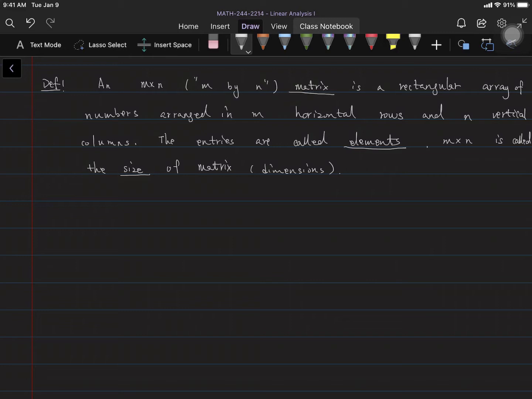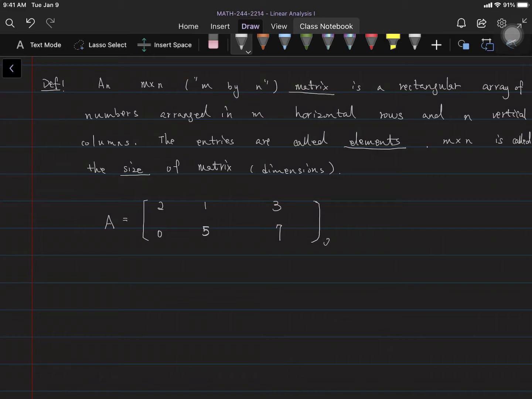Here I'm going to give you one example of a matrix. Usually for a matrix we use capital letters, A, B, C, to express a matrix. We put a big bracket here, and we have 2 rows, and the second row is 0, 5, 7. You can see here we have 2 horizontal rows and 3 vertical columns, right?